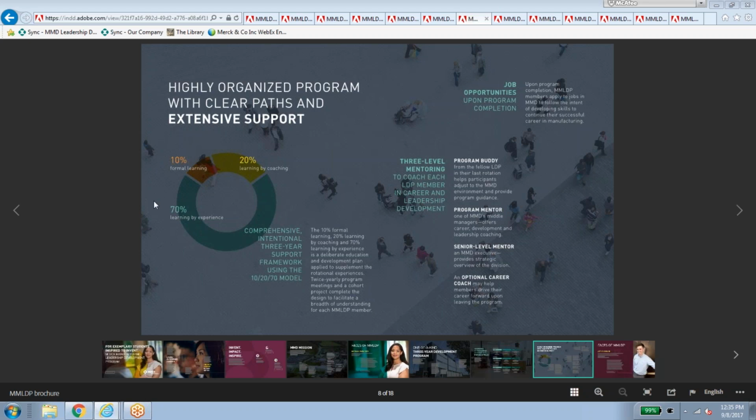The learning framework for our program is the 70-20-10 model, where 70% of what you learn is on the job in your rotation, 20% of what you learn is through coaching and mentorship, and 10% is by actual formal learning.